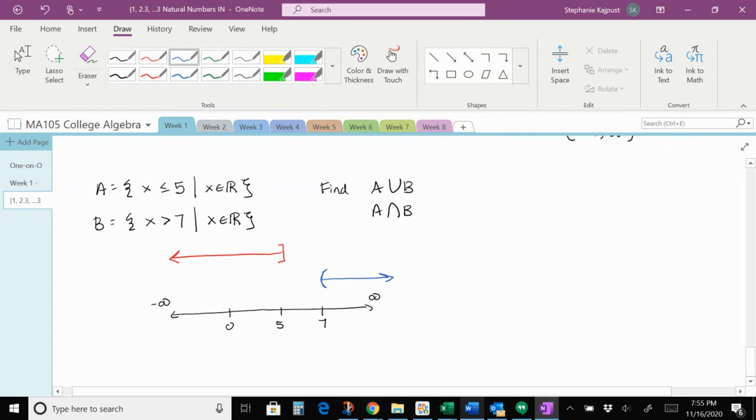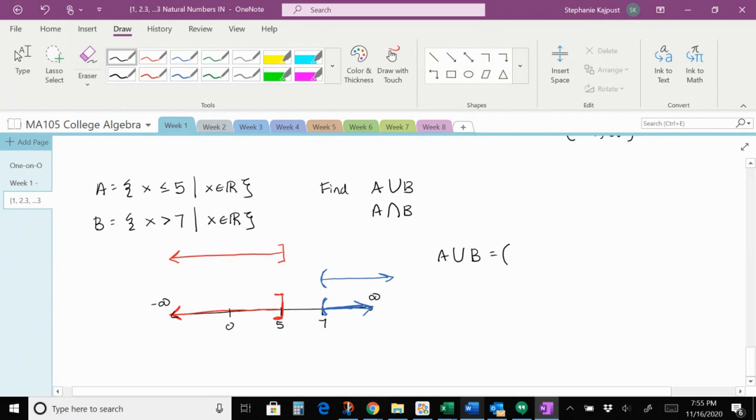So if I want to find the union here, I actually have a gap. If I were to draw these on the same number line, there is a gap because we don't have two things connected. So for A union B, we have to write these two things separately, and usually we'll use interval notation for this because it's a little bit easier.